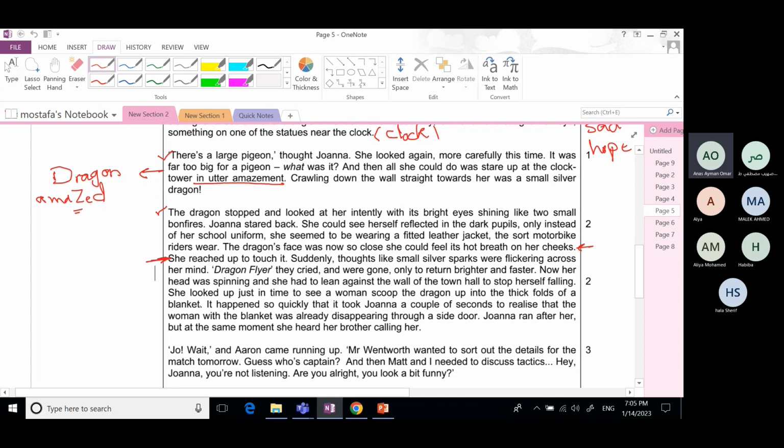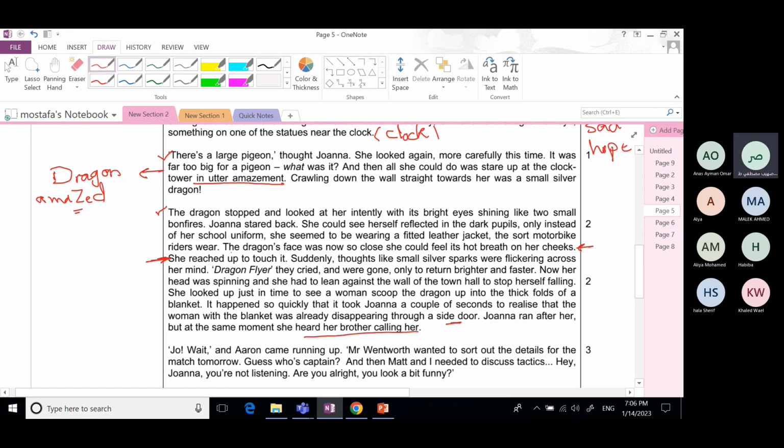It happened so quickly that it took Joanna a couple of seconds to realize that the woman with the blanket was already disappearing through a side door. Joanna ran after her, but at the same moment she heard her brother calling her.